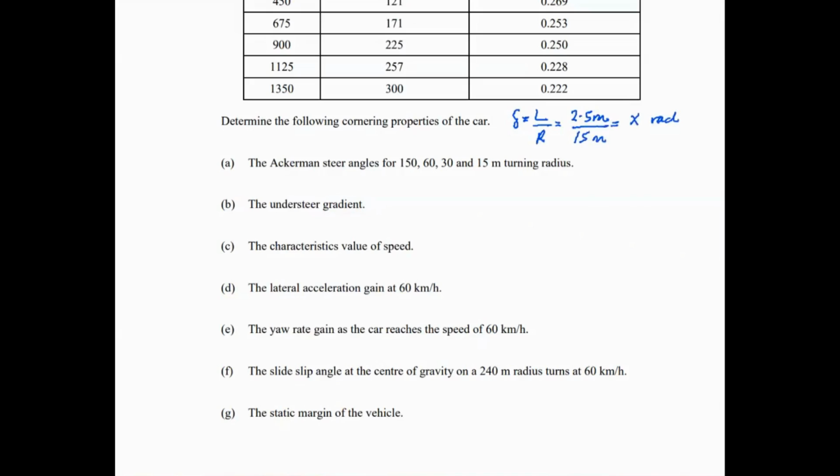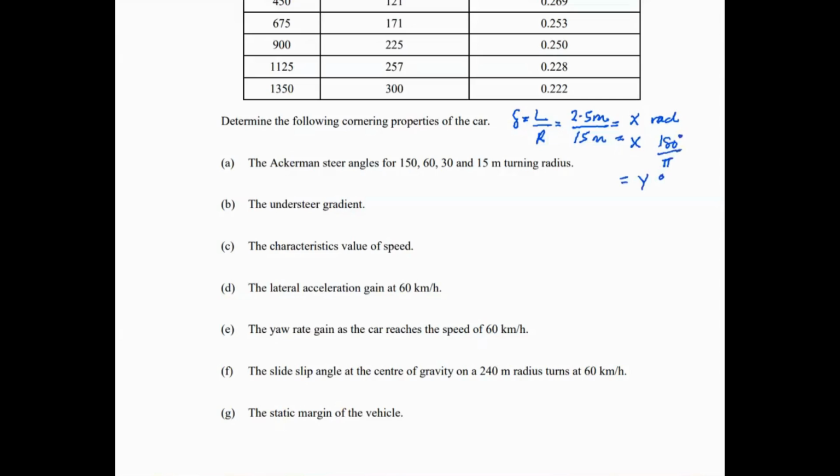But normally, when we express the angle unit in degree, you need to convert the radian to degree by multiplying the value with 180 degrees over pi. So lastly, you get the Ackermann steer angle at 15-meter radius.